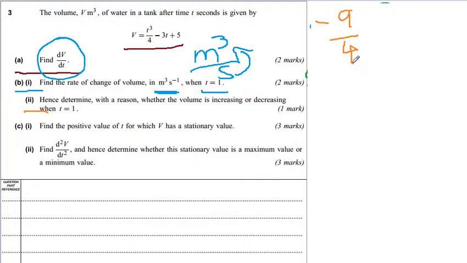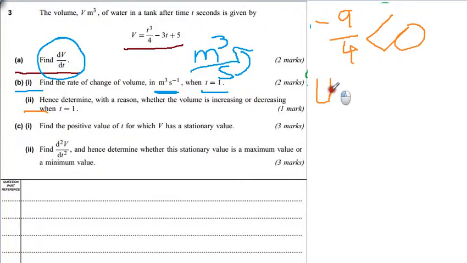If the rate of change is negative, then intuitively you're thinking it's going to be decreasing. And you're right, it is decreasing. So all you need to write down is that the rate of change is negative. Therefore, just say that it's less than 0. Minus 9/4 is less than 0.